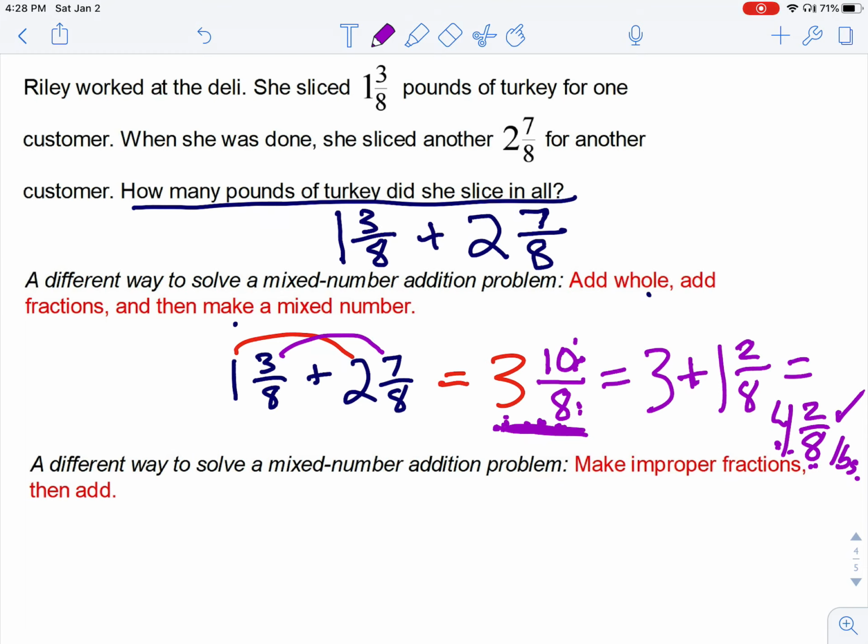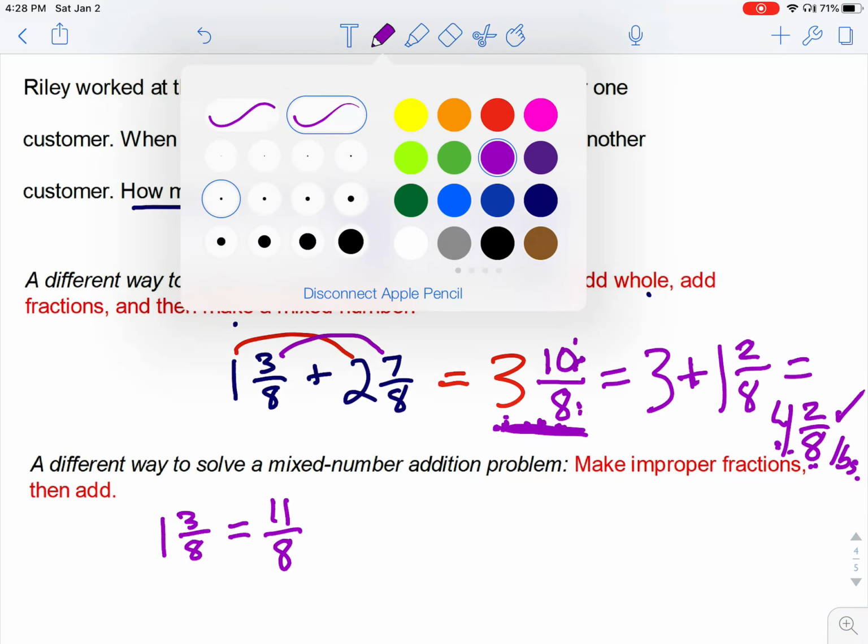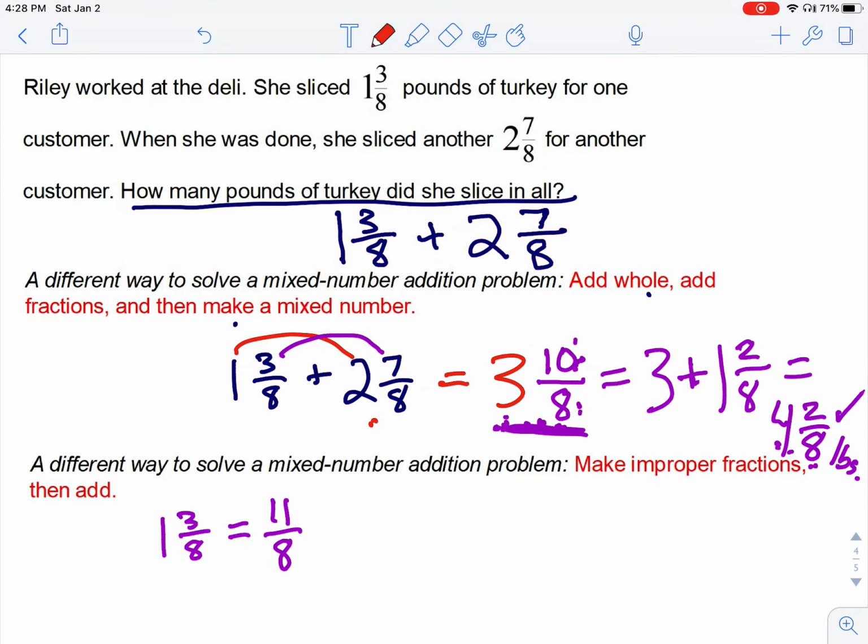And a different way is you could make them improper fractions first and then add. So let's go ahead and do that technique. 1 and 3/8. I know that that's the same as what as an improper fraction. Try it on your own. You get 11/8, right? 8/8 plus 3 more eighths. Great. And then I know this other number, 2 and 7/8.